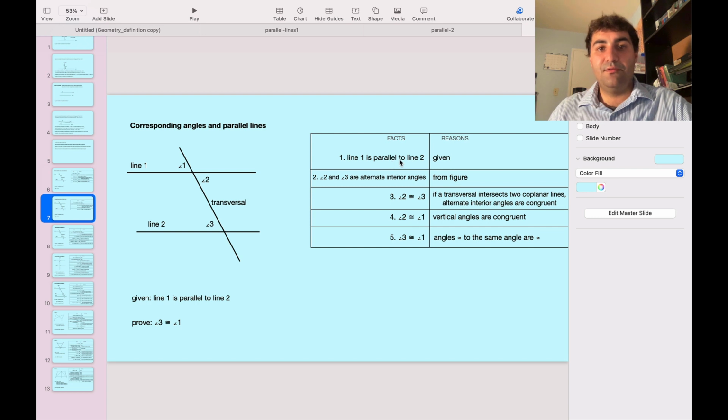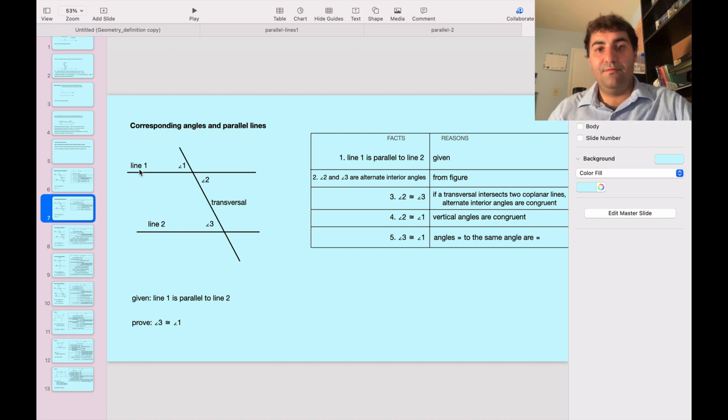So I write down what we're given. Line 1 is parallel to line 2. Angle 2 and angle 3 by the figure are going to be alternate interior angles, right? Both in the inner region and on opposite sides of the transversal.